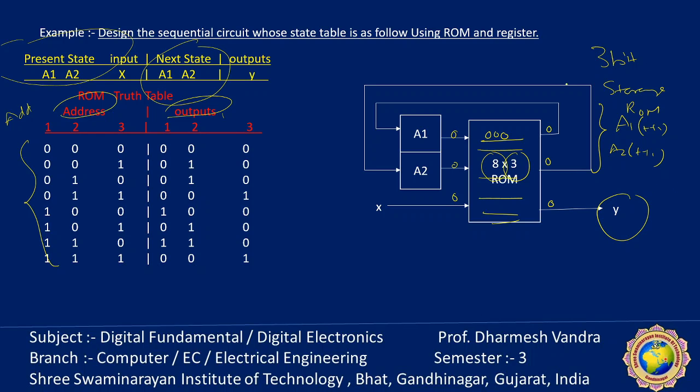In this way, in two ways, we can make the circuit. I hope it is making sense. So this was regarding the simple register with the SR flip-flop and the parallel register with the D flip-flop, and how we can implement a sequential logic circuit with the help of a register and combinational circuit, or with the help of ROM. Have a good day.